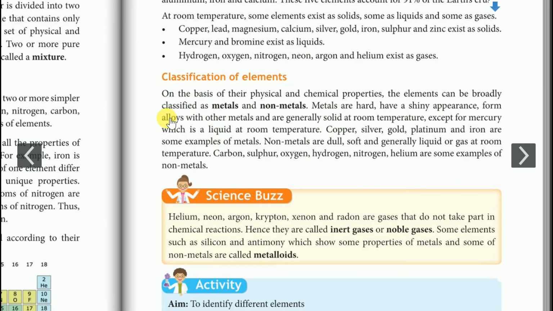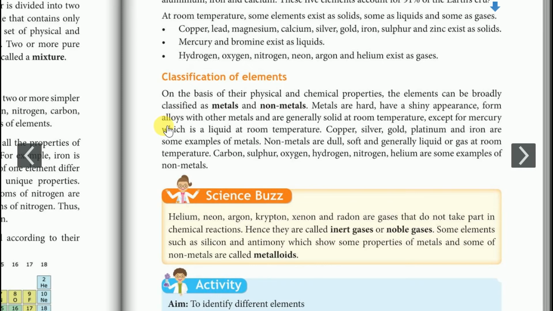Now on the basis of physical and chemical properties, elements can further be broadly classified into metals and non-metals. Metals are hard, have a shiny appearance, and form alloys. Alloy means a mixture of metals.